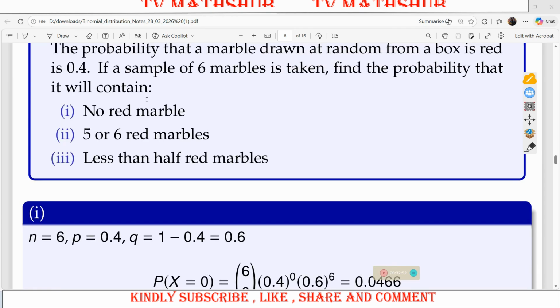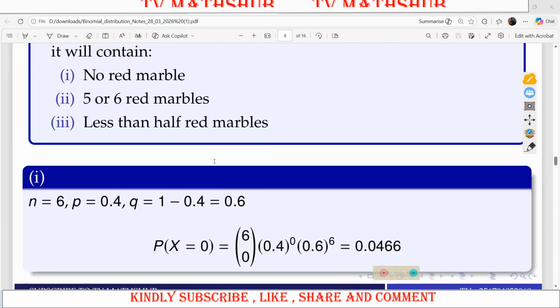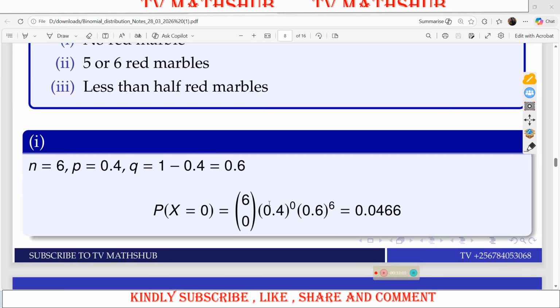Then for part 1, we need from this sample to get no red marble. So it means that is a probability of X equaling to 0. So you can easily get that by substituting. That is 6 combination 0 times P to power R, which is 0, then times Q to power 6 minus 0, which means 6.